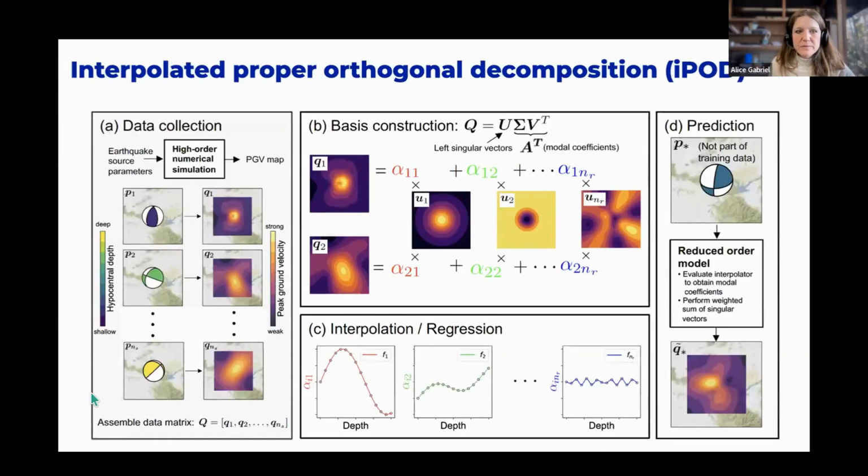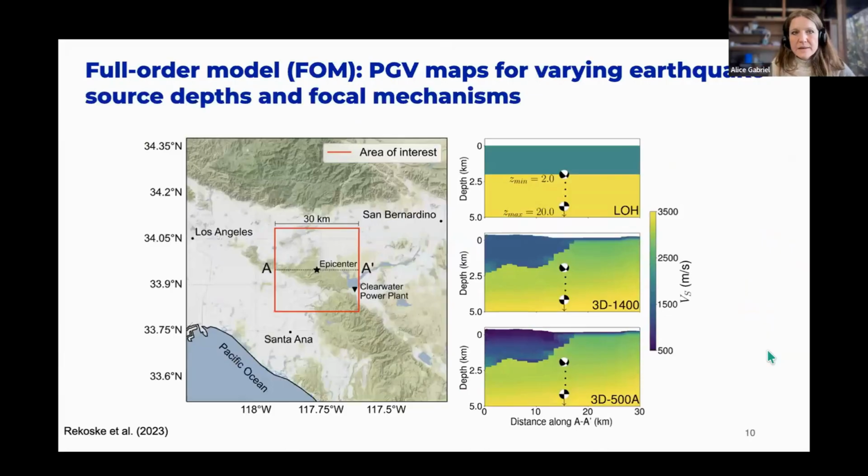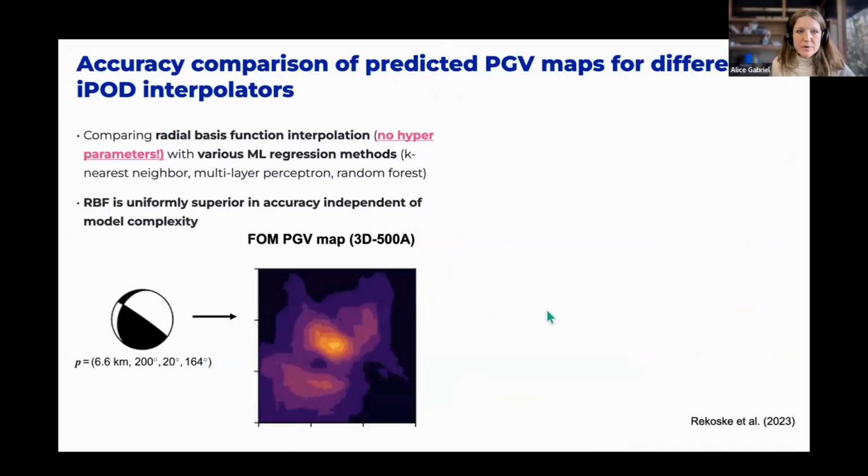This is just an overview of how these workflows look. Data collection in this case means collecting simulation output, constructing the basis, interpolating to unseen parameters, predicting. Here's an example of our model setup. So this is just a relatively small domain, 30 kilometers by 30 kilometers in Southern California. And we've been looking at different complexities in the velocity model and how this method performs.